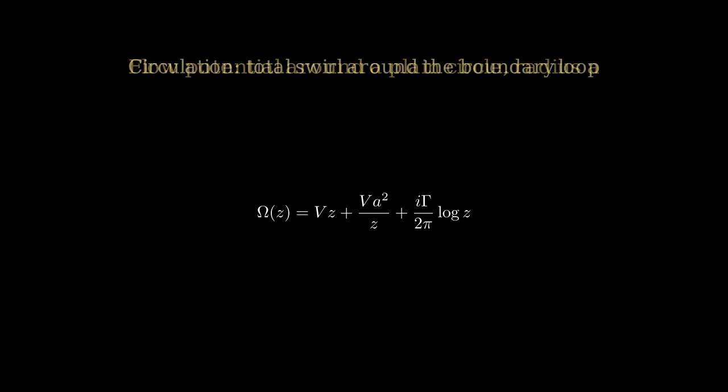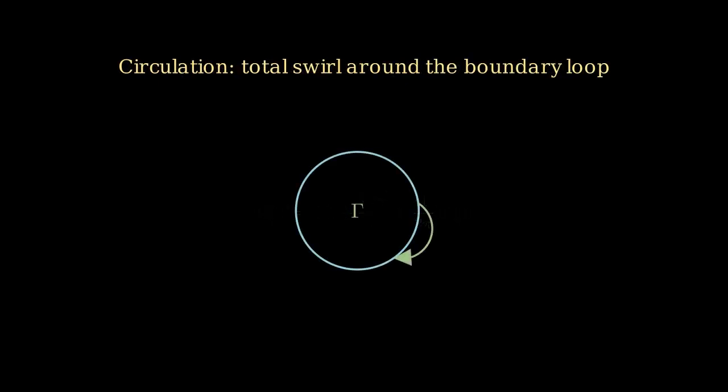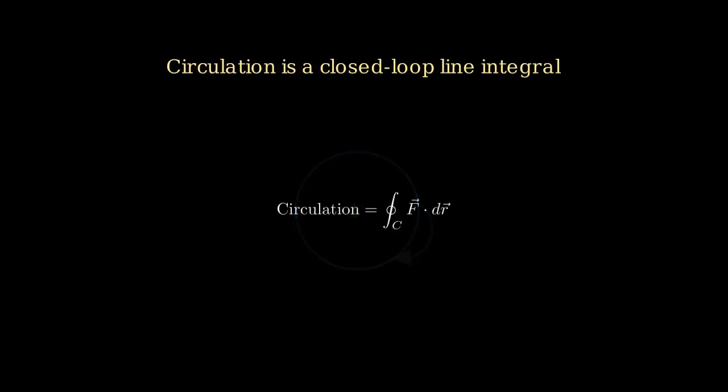Picture walking all the way around the wing's boundary and measuring how much the air is swirling along with you as you go. This total swirl is called circulation. Pattern to recognize, circulation is nothing but a closed-loop line integral of the velocity field, exactly the left-hand side of Green's theorem in 2D, or Stokes' theorem in full 3D.